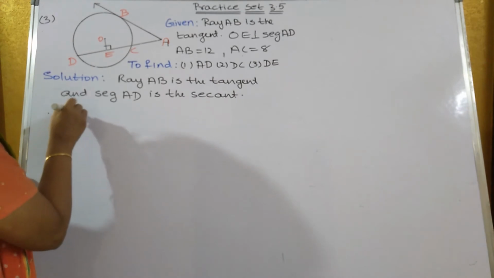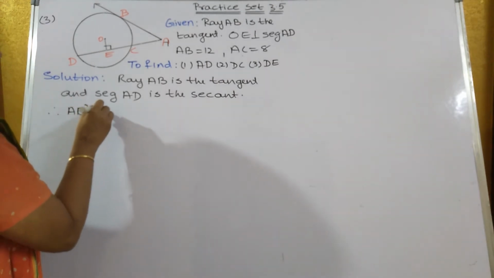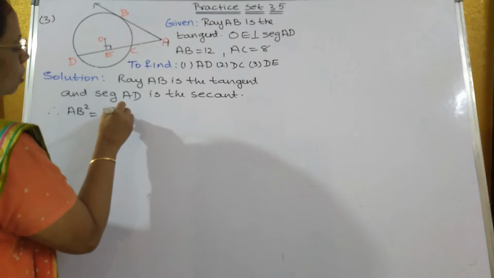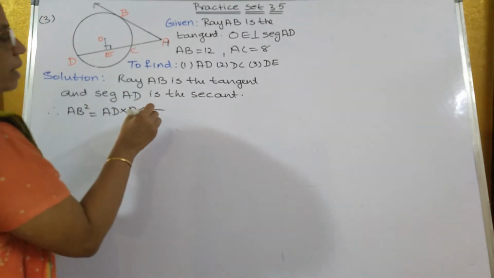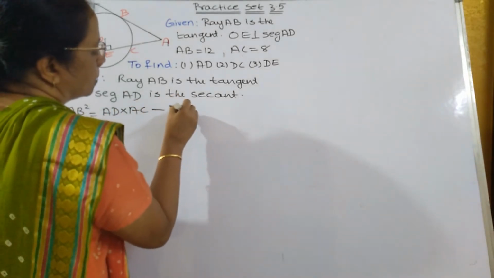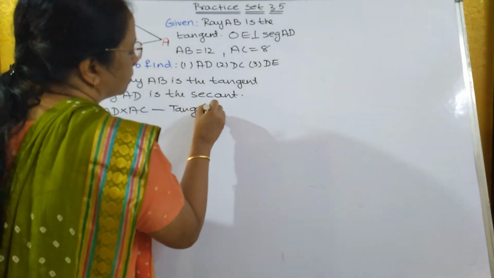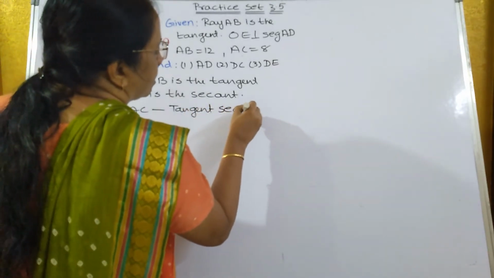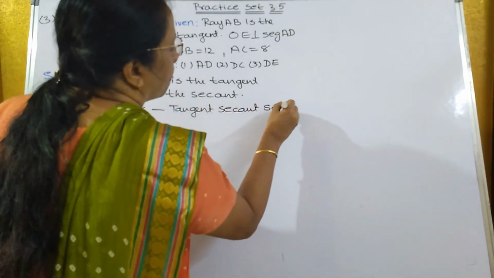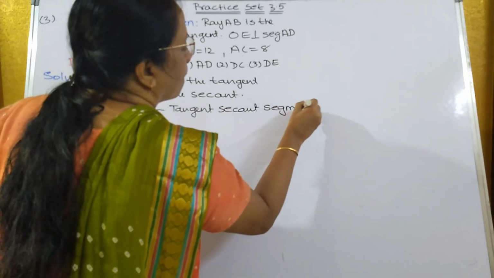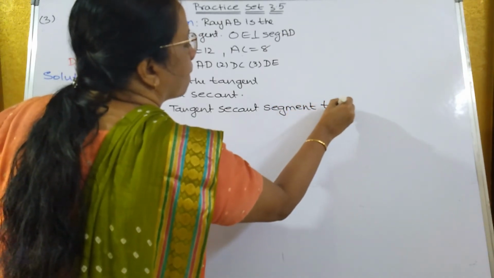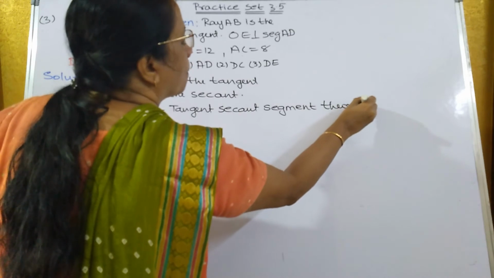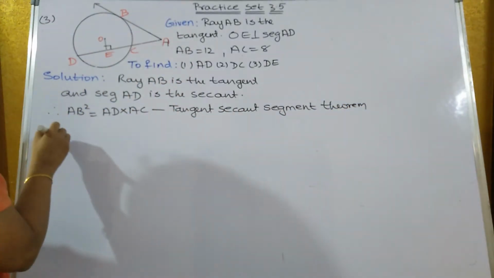AB square is equal to AD into AC. Reason what you'll write? Tangent secant segment theorem. Therefore, what is the value of AB?